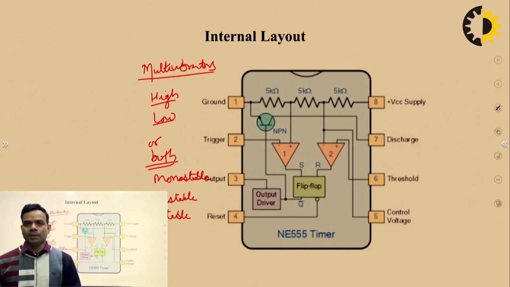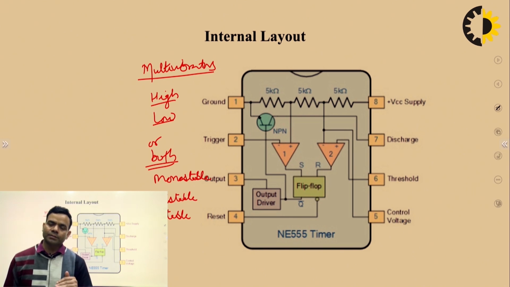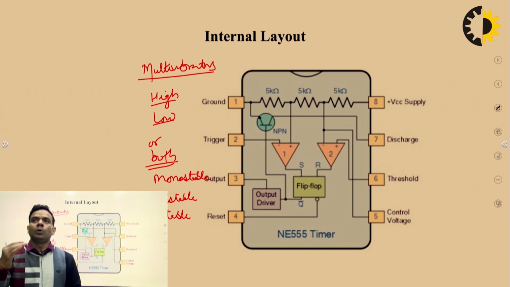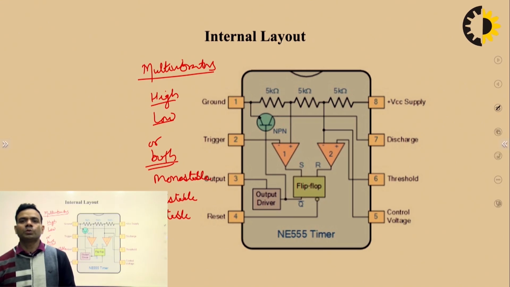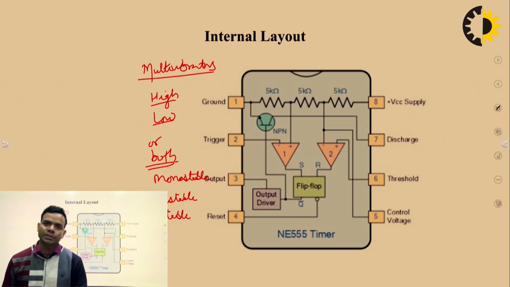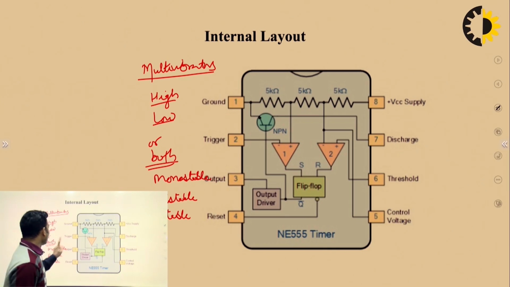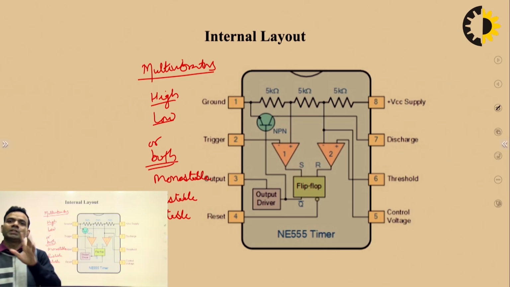For example, a multivibrator has a low stable state. When we trigger it, it will change momentarily to the high state and again come back to its original stable state. This type of multivibrator is known as a monostable multivibrator, with only one stable state.